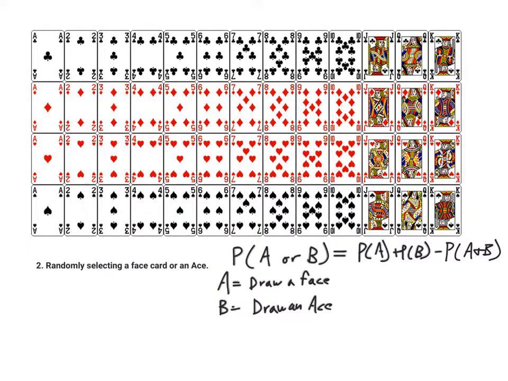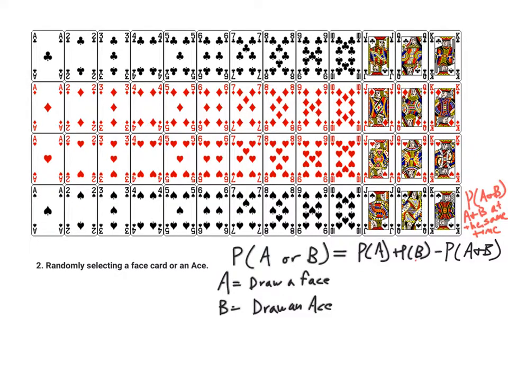This A and B is talking about A and B at the same time. So probability of A and the little and symbol of B is A and B at the same time. That's very, very important.